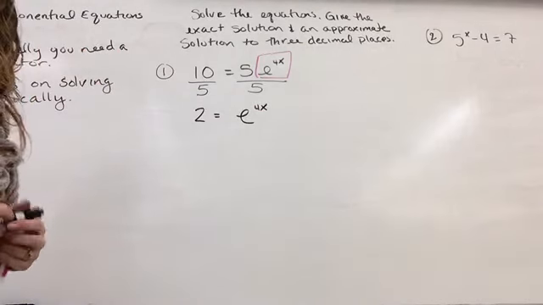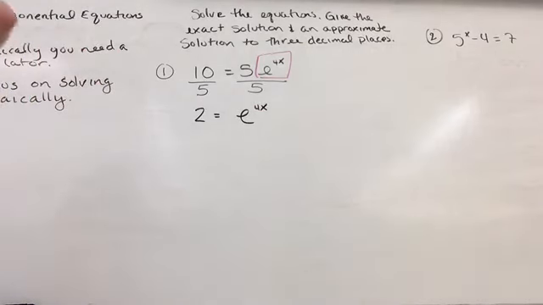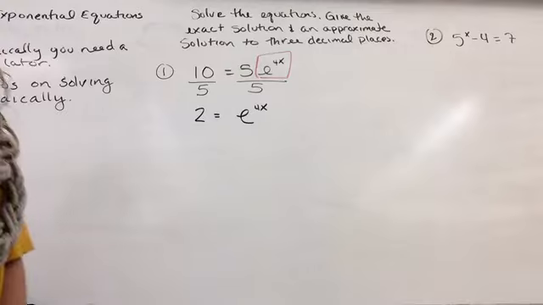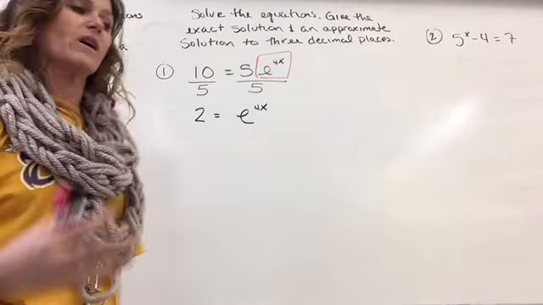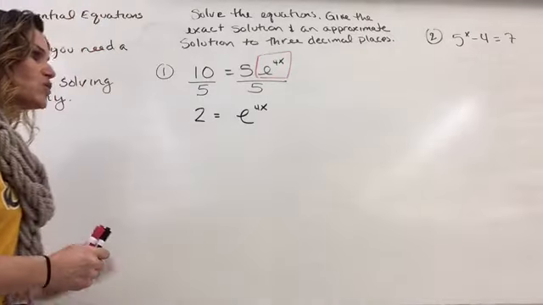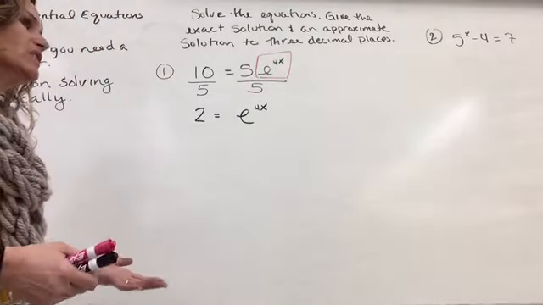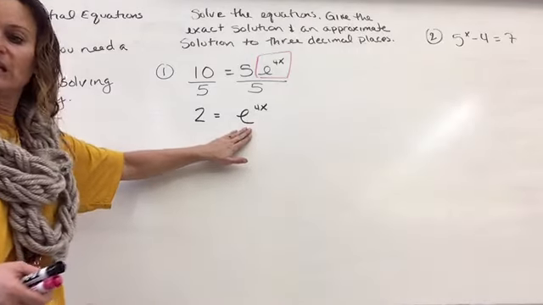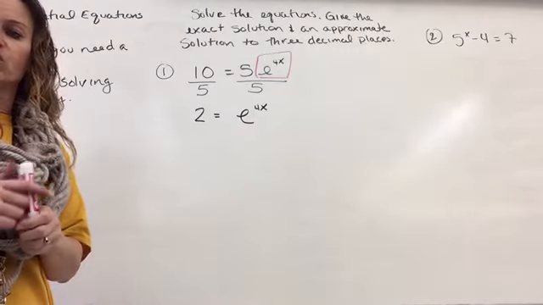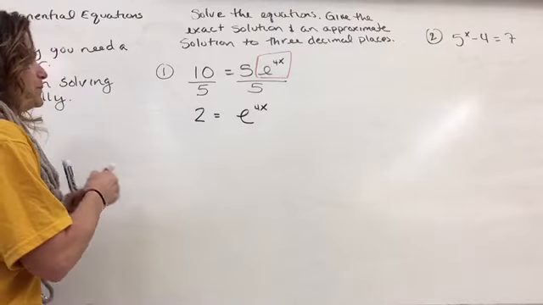Now, the opposite of e, the inverse of e, is what undoes the e. Just like when we undid the square root, we squared things. When we undid squaring, we square rooted it. When we undid the cube, we cube rooted it. So here, to undo e, we have to take the natural log of both sides.